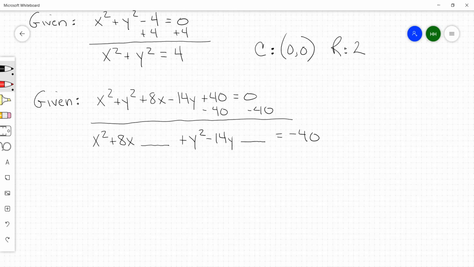Take half of 8 and square it. Half of positive 8 is 4, and 4 squared is positive 16. It goes here, and it goes to the right side. Half of negative 14 is negative 7. Squared is positive 49 to both sides. Now those numbers that you squared become your factors. So you squared a positive 4 here, so this is x plus 4 squared.